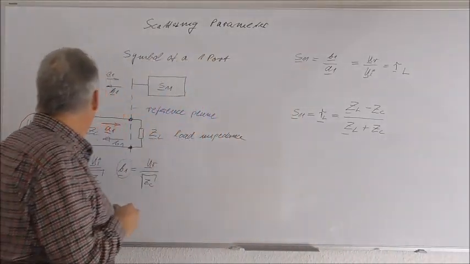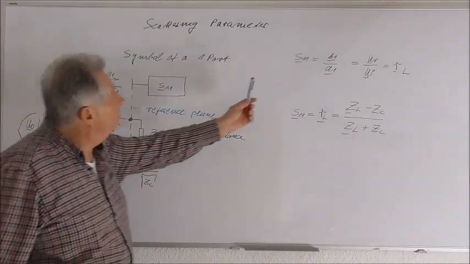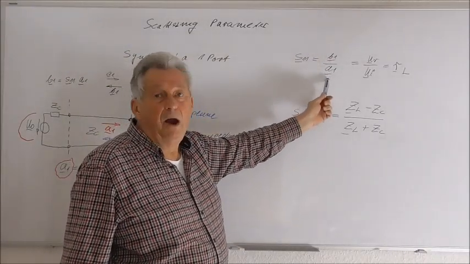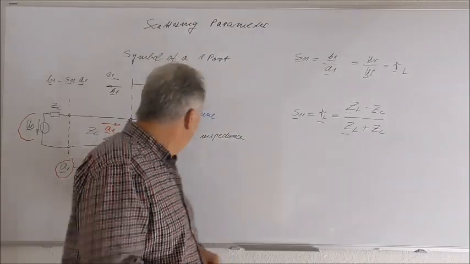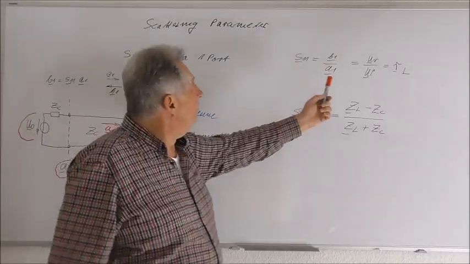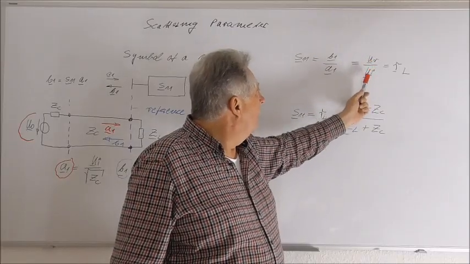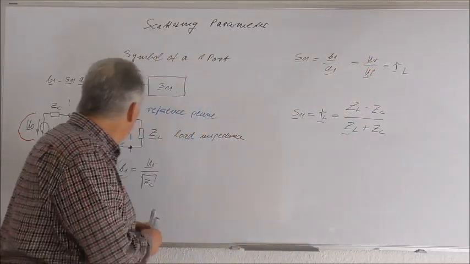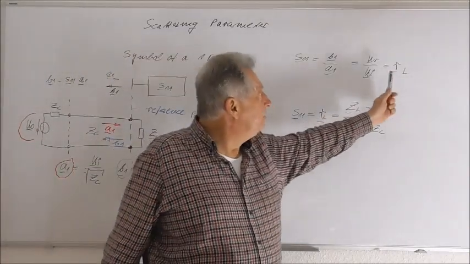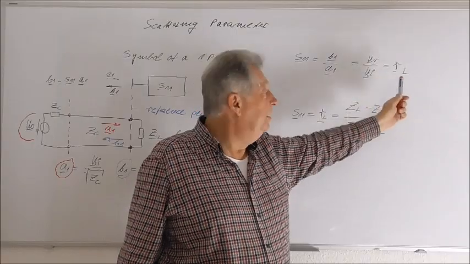So according to this equation here, we can say S11 is equal to B1 over A1. But if you use these two equations, you will see that this is essentially the reflected voltage divided by the incident voltage in this reference plane, and this is nothing else but the reflection coefficient of our load impedance.